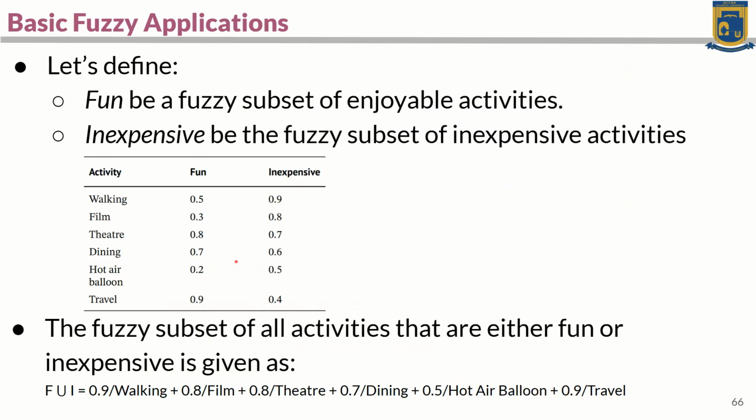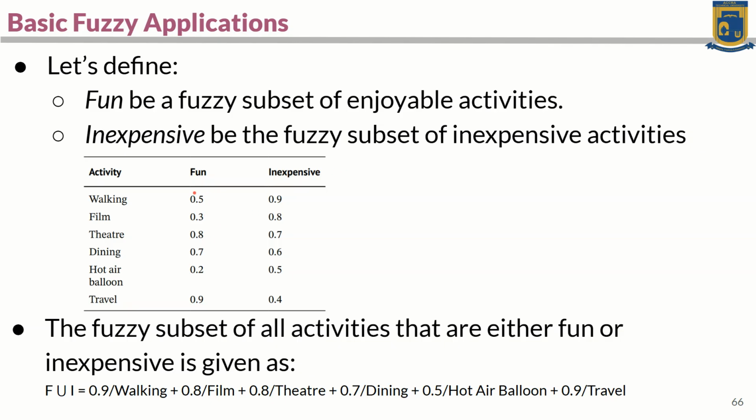All right, so let's look at this example. Let's define fun being a fuzzy subset of enjoyable activities and inexpensive be the fuzzy subset of inexpensive activities. So I have the activity over here, then the fun aspect and an inexpensive aspect.